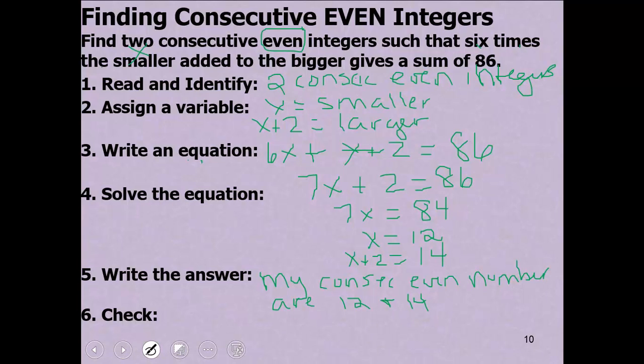Now let's see if it works. 6 times 12 is 72. 72 plus 12 plus 2 has to equal 86. Is that right? 86 equals 86. Woohoo! We did it.